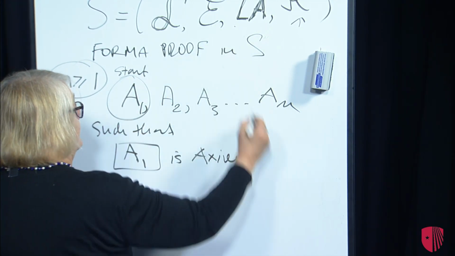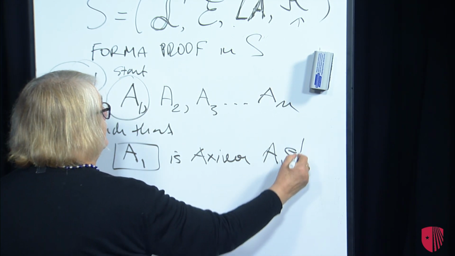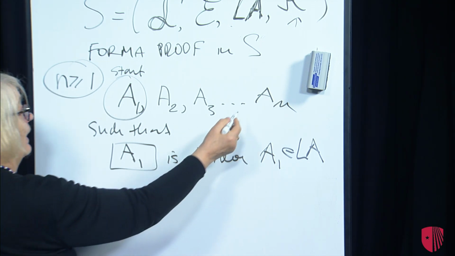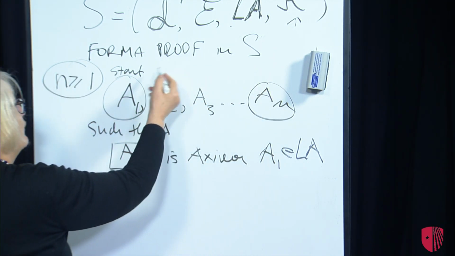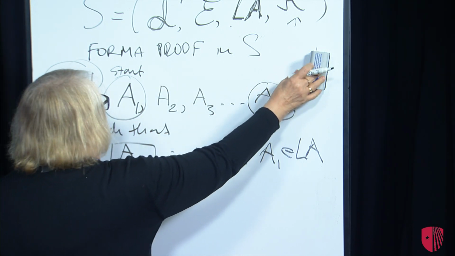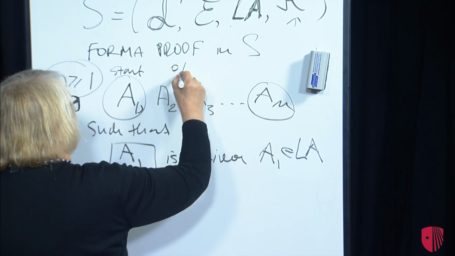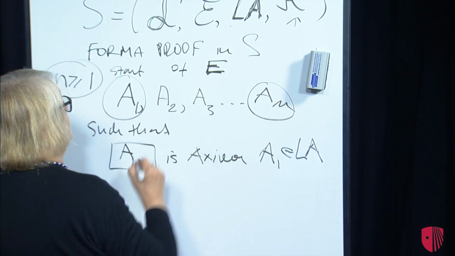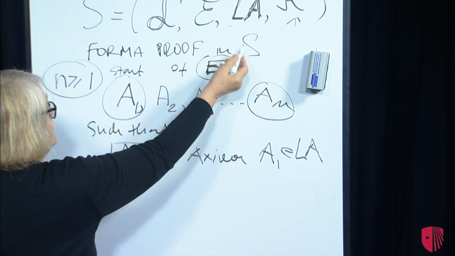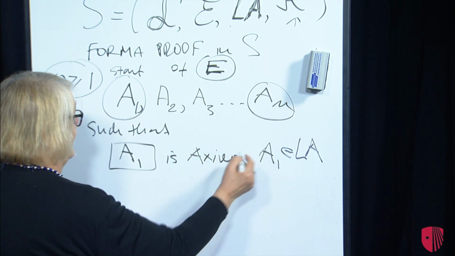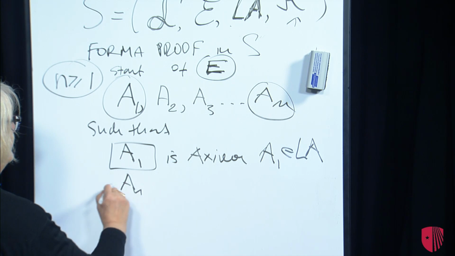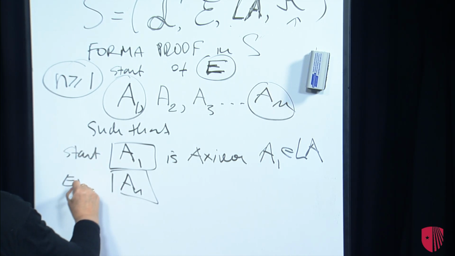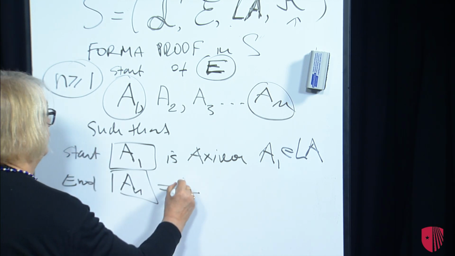It means A1 belongs to our chosen set of axioms. Now we prove something, so formal proof in S of E, because we prove E in a system S. So the last one, An, is what we prove.